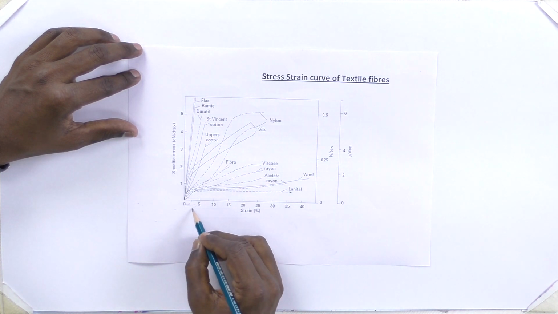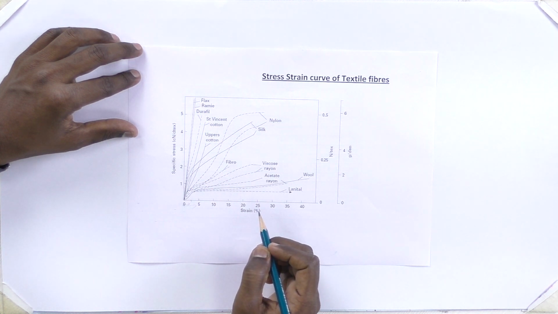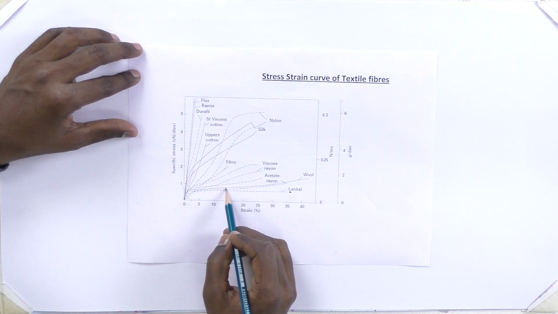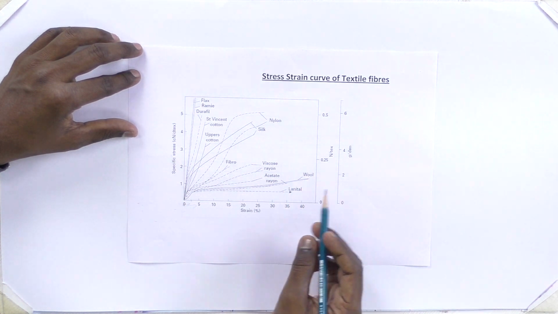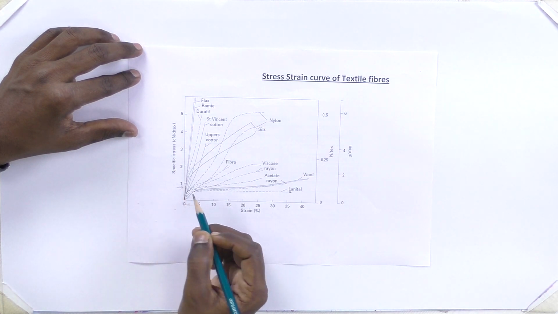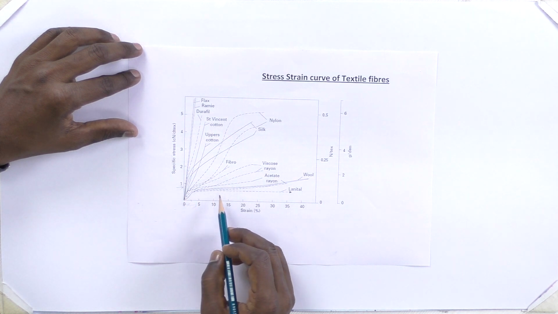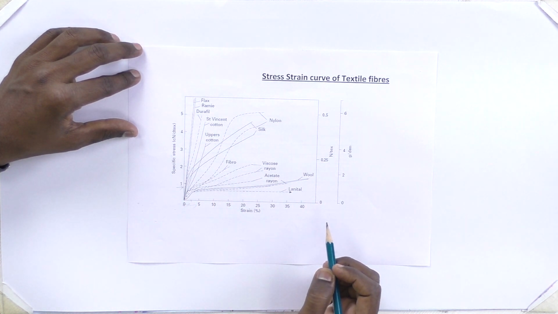But in the case of wool, this is the wool fiber. Even when we apply a load of less than 1 cN per decitex, the elongation is around 40 to 45%. So if you apply a small load, wool gets maximum extension.